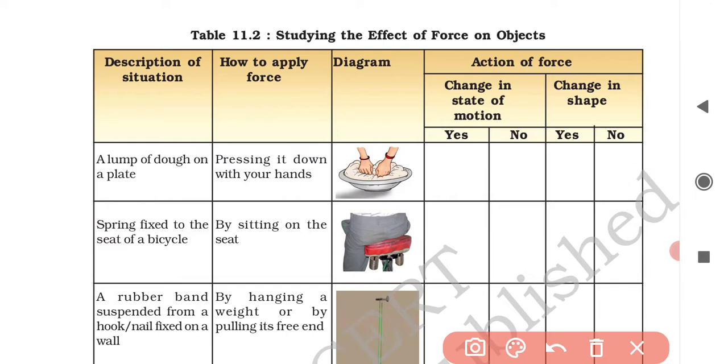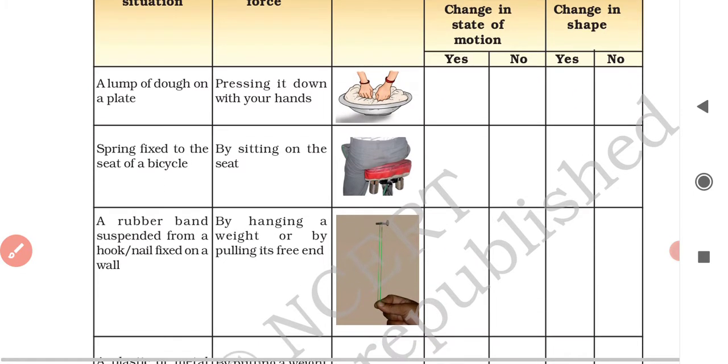So in case of this column, yes, we'll give a cross. And since there is no change in the state of motion, then we'll give a tick mark over no. Okay. Similarly, is there any change in the shape of the dough while pressing it down with your hands? Again, yes, there will be a change in the shape, right? And in case of no, we'll give a cross. Clear?